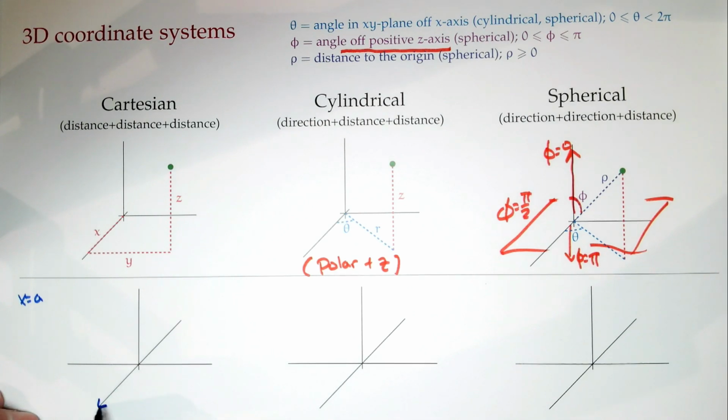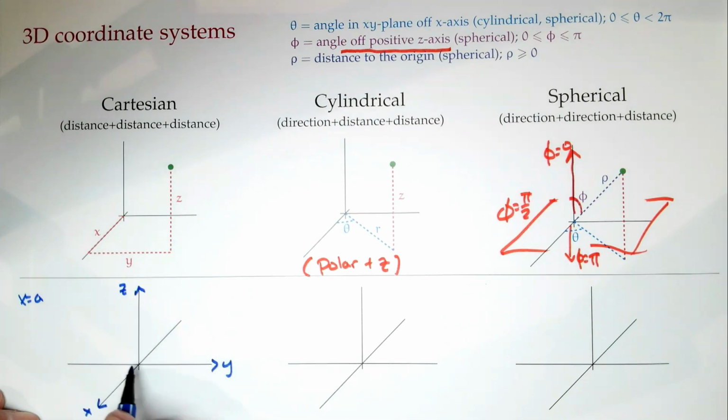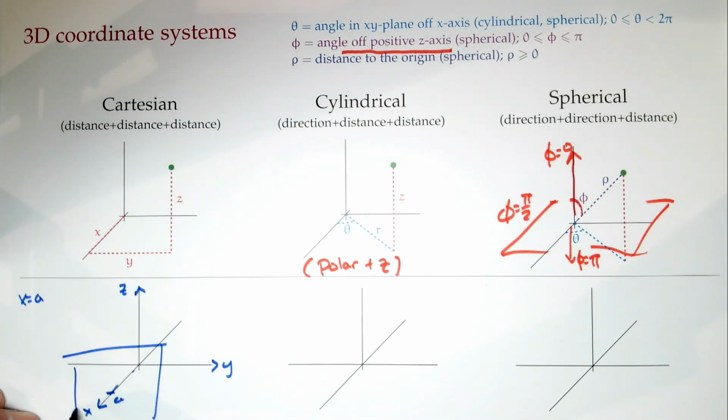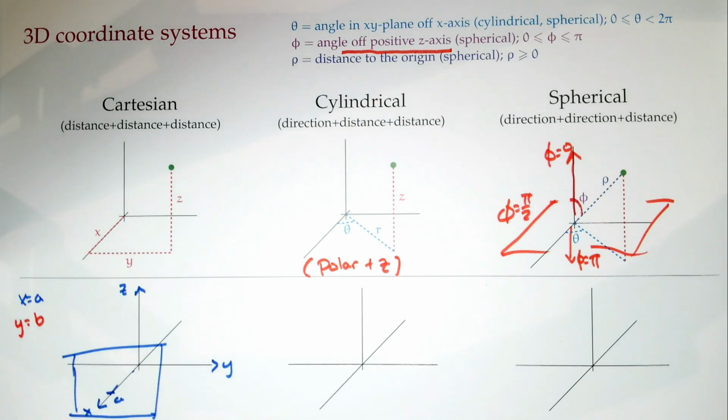So the x direction is coming out. I'll mark the coordinates as we do in our coordinate system. So I come out to a, and it turns out it's all these points here. So x equals a is a plane. What if I fix not the x coordinate, but the y coordinate? Let's say y equals b.